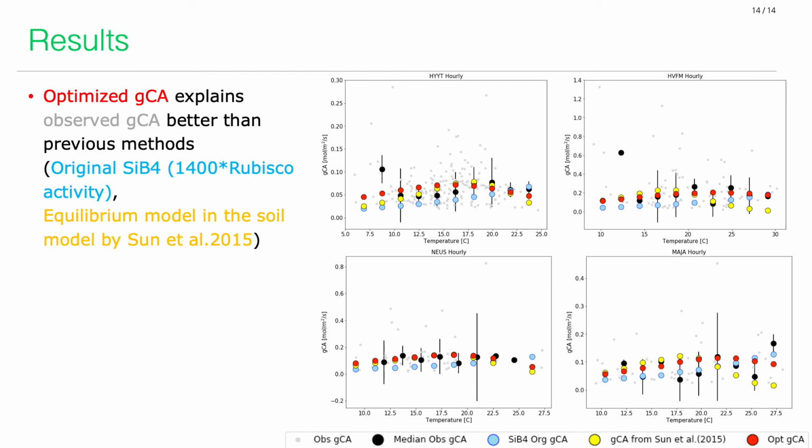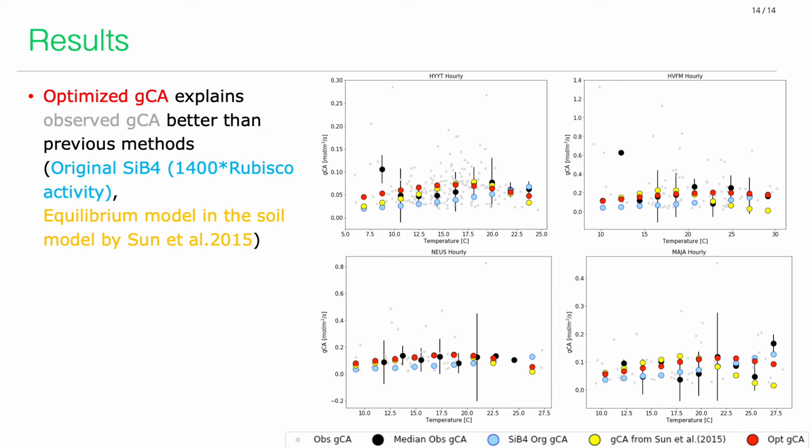This slide is about how our equation can describe the GCA curves with respect to temperature. With optimized factors, when we estimate enzyme conductivities, shown in red, they matched well to the black dots, which are the observed GCA.